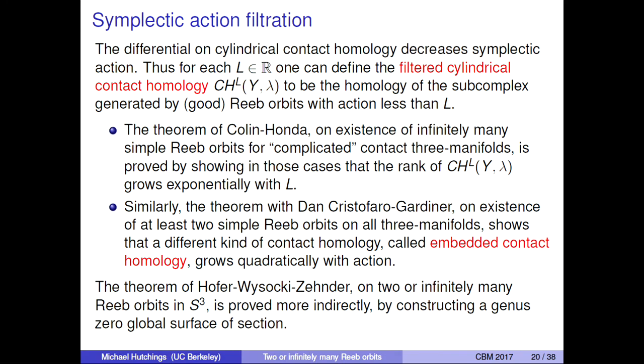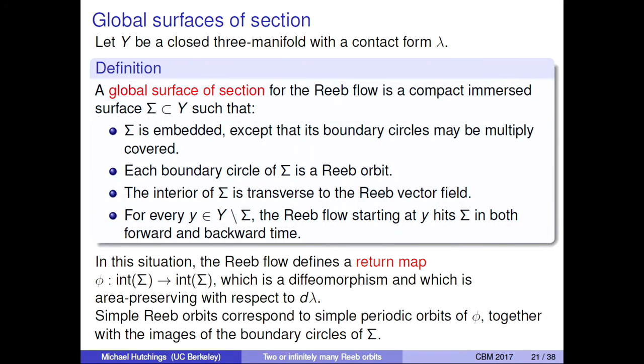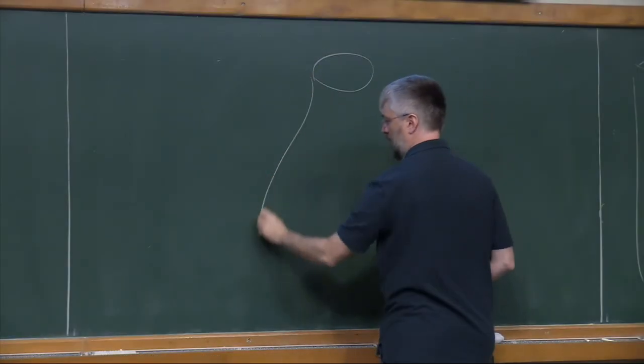Now there's also a more indirect approach, and this is what Hofer, Wysocki, and Zehnder use in their proof of two or infinitely many orbits on the three-sphere. And this approach involves constructing a genus zero global surface of section. So what's that? So, definition: a global surface of section for the Reeb flow, I'll draw a picture. So it's a surface in the three-manifold with boundary, and the surface is embedded, except its boundary circles might just be immersed.